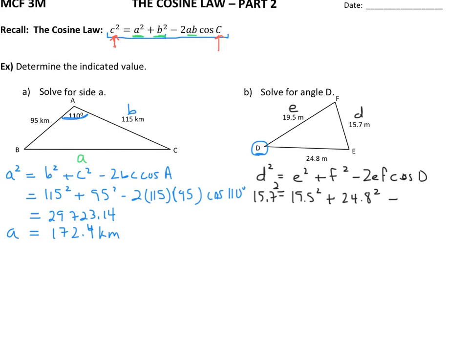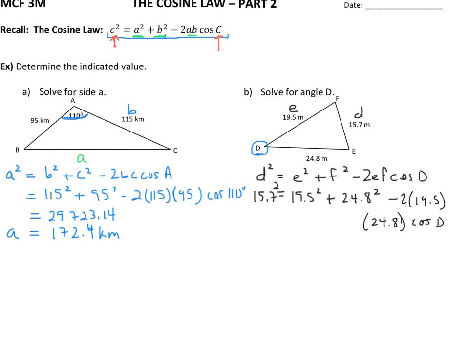And then we're going to have minus 2 times 19.5 times, I'm just going to continue it down here, times side F, which is 24.8, times the cosine of angle D.